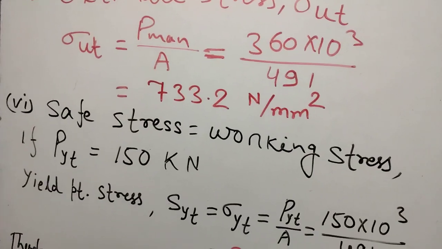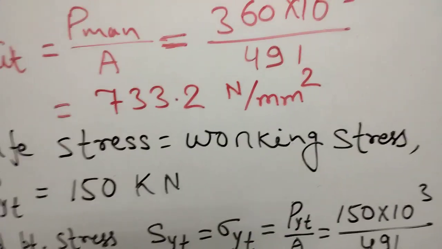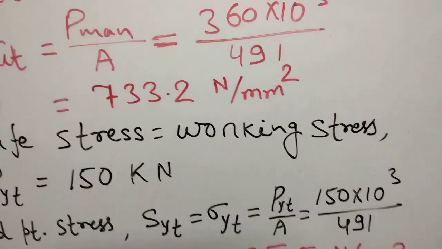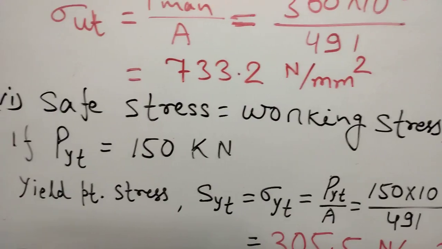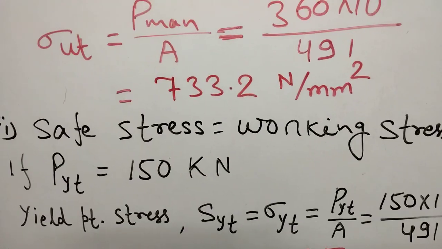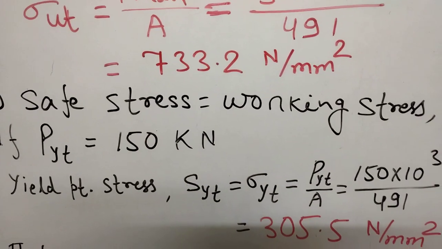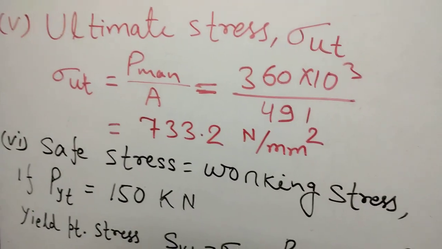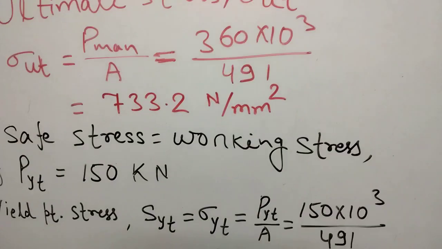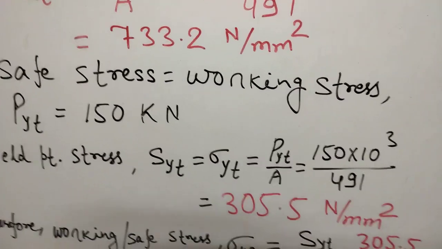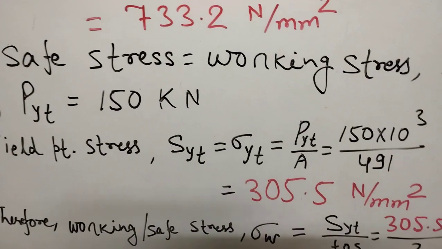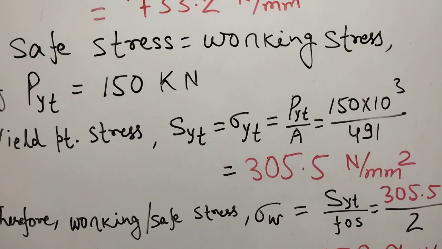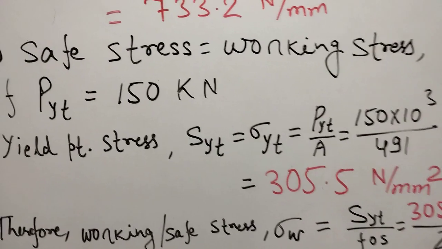And we find the safe stress or working stress. We know that the working stress equals maximum stress divided by factor of safety for brittle material like cast iron. For ductile material, the yield stress divided by factor of safety is known as the working stress.